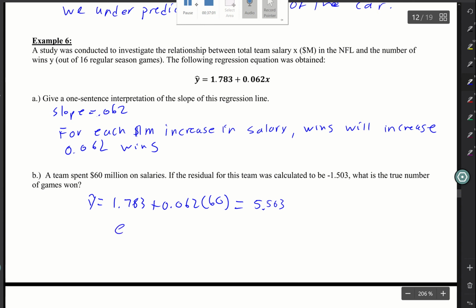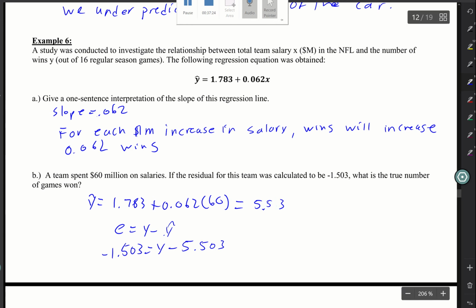Y minus y hat equals the residual. So we have a couple of pieces of information here. We have the residual, which is negative 1.503. We don't know what y is, but we just predicted it to be 5.503. Or was it 60?